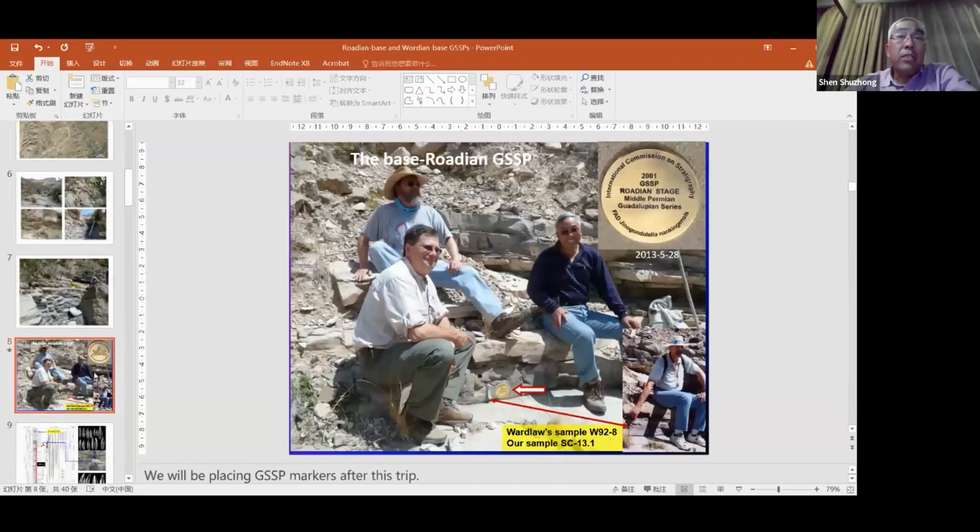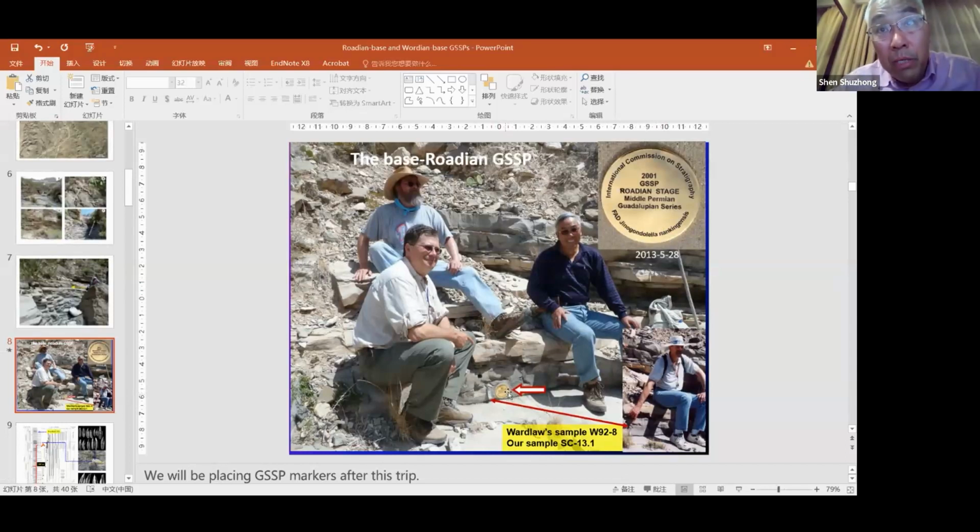Since the three GSSPs were defined in the 1999 paper and then formally ratified by IUGS in 2001, in 2013 Charles, Lance, and I visited these three sections and put the golden spike on the GSSP point. And here is the GSSP for the base of the Roadian. That's the point.